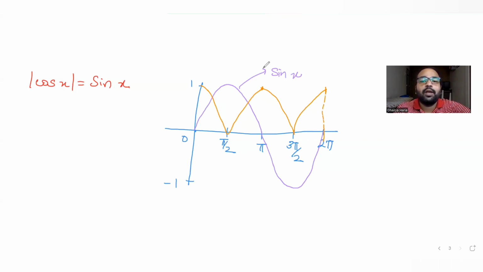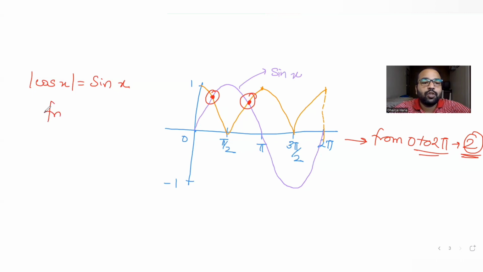And how many points of intersection do I obtain here? That is 1 and 2. So from 0 to 2 pi I have 2 points of intersection, which means there are two solutions for the given expression.